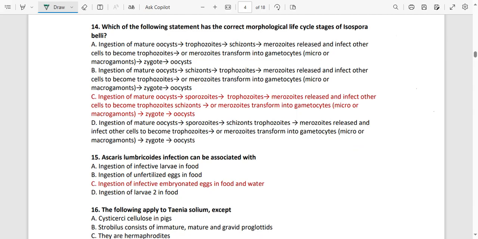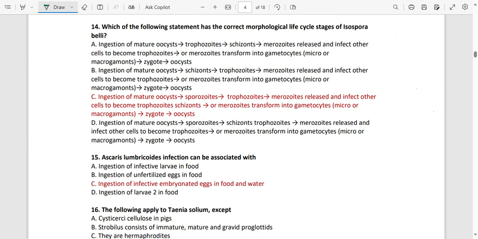The infection is transmitted by ingestion of oocysts. And remember, oocysts contain two sporocysts, not like crypto where I've got four sporozoites. And the infection is as well fecal oral.